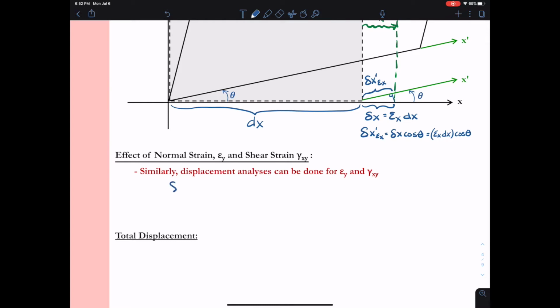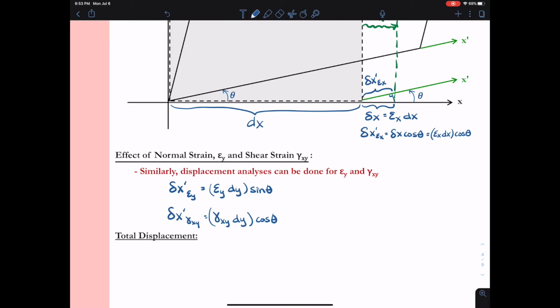If I did that, I would find that delta x prime due to epsilon y is going to equal epsilon y dy sine theta, and delta x prime due to the shear strain gamma xy equals gamma xy dy cosine theta.